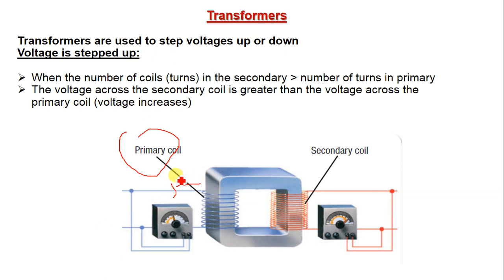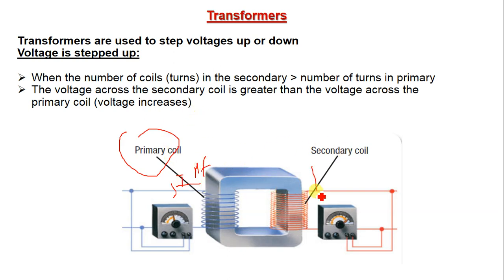Quickly, this current, what does it do? It produces a magnetic field around it. Because this magnetic field is strong now, it will cause the iron also to be magnetized. So the iron is a magnet now, and it has a magnetic field around it. So the magnetic field of the iron adds to the magnetic field produced by the wire to give a stronger magnetic field.